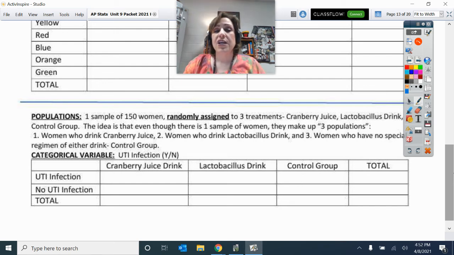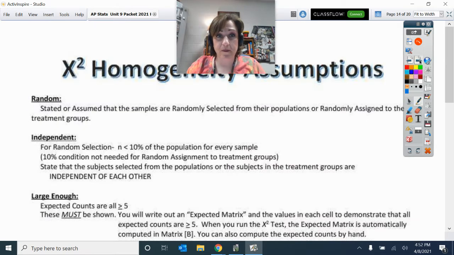So even though there's one sample, they are making up three different populations of the types of drinks. And then they were just checking one variable amongst those three populations: what rate did they get a urinary tract infection? Moving on.